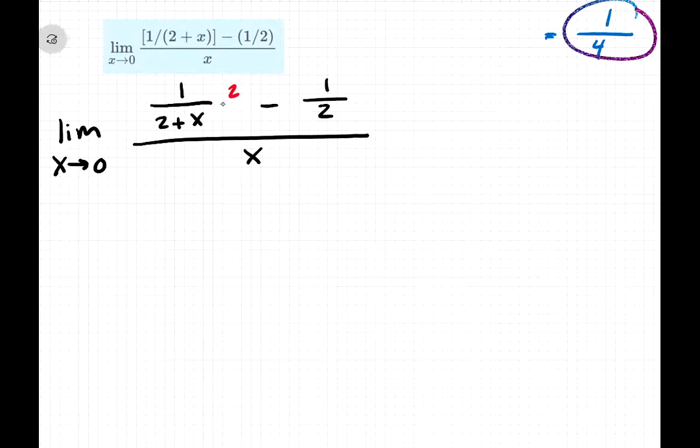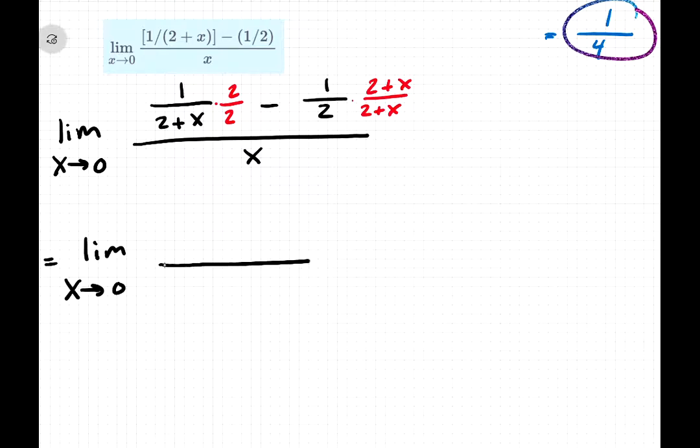And let's get a common denominator. So we'll multiply the first fraction by 2 over 2, the second fraction by 2 plus x over 2 plus x. Okay, so we have the limit as x approaches 0. We have an x on the bottom.